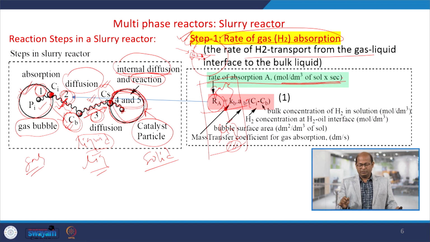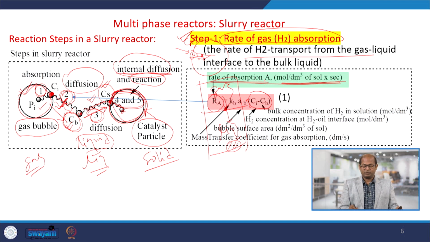It is the moles of component A transferring from this point to this point. The concentration driving force is Ci minus Cb, and within that driving force the mass transfer will take place.